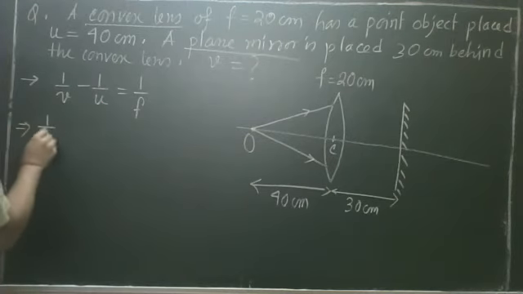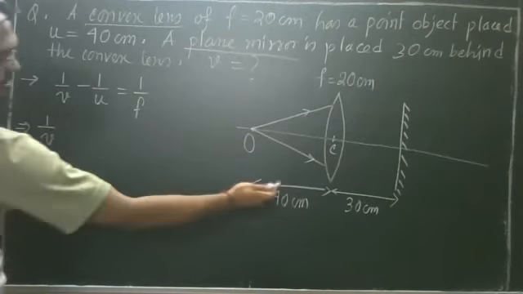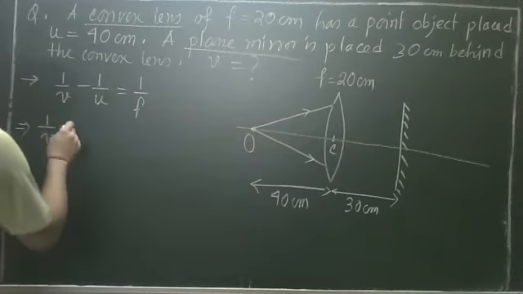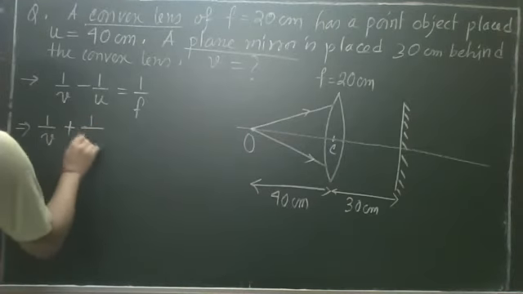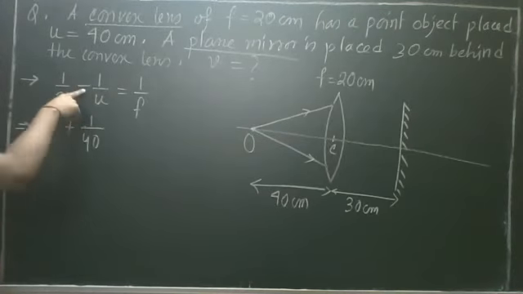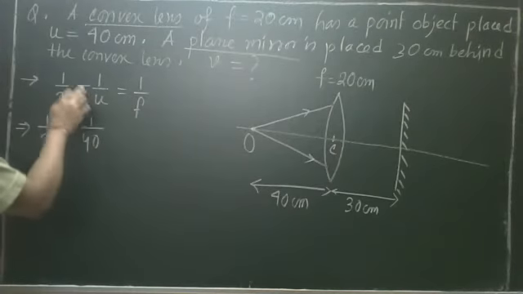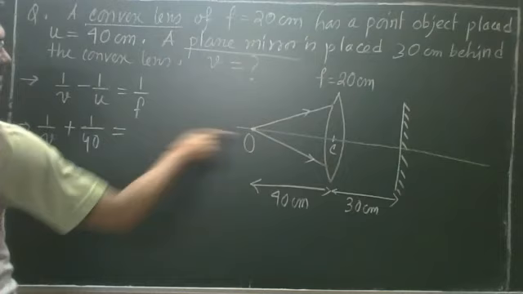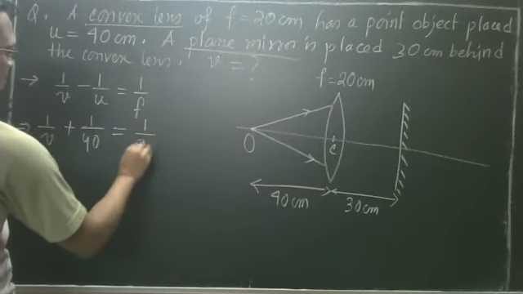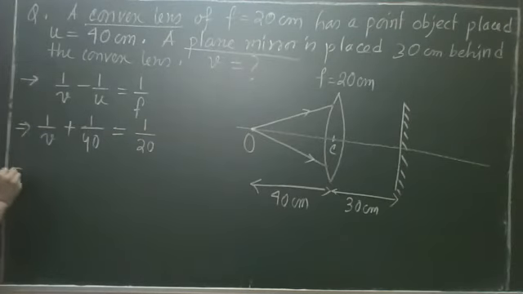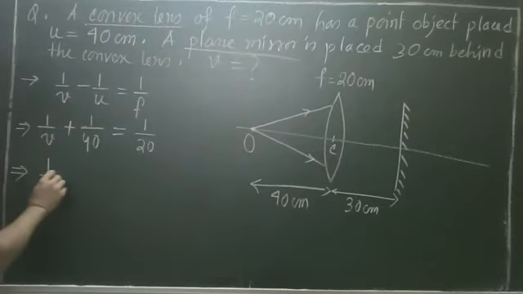So 1 by v, u is on the left side, so it will be minus 40. So it will be plus 1 by 40, since minus minus is plus. And for a convex lens, f will be positive, 1 by 20. From this you will calculate and get the answer.